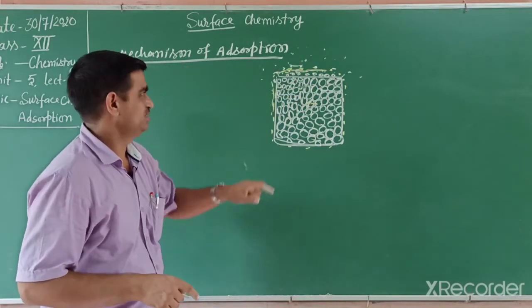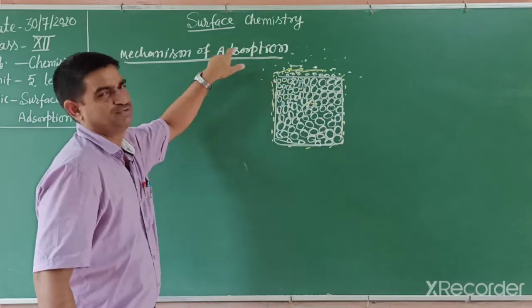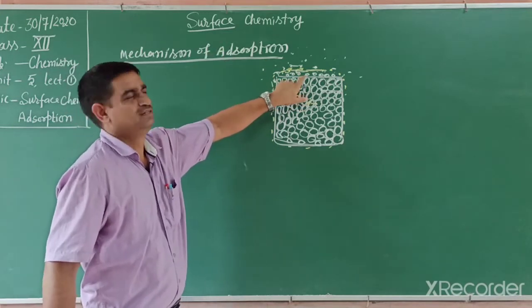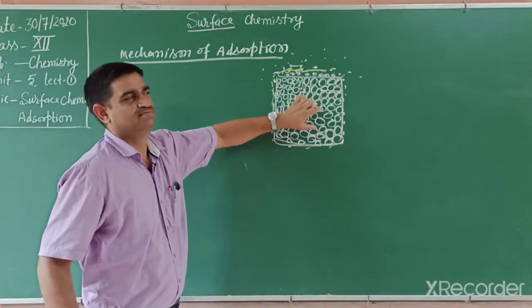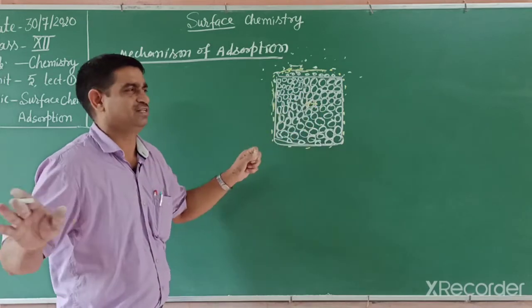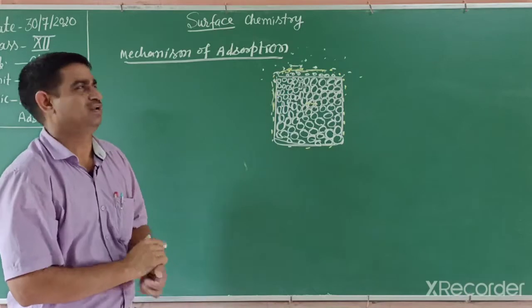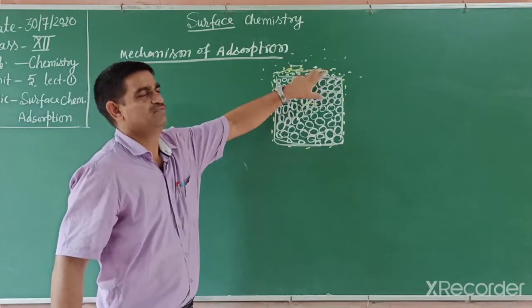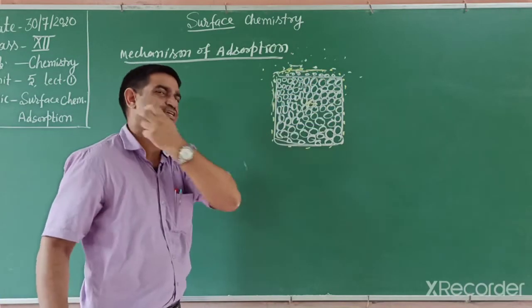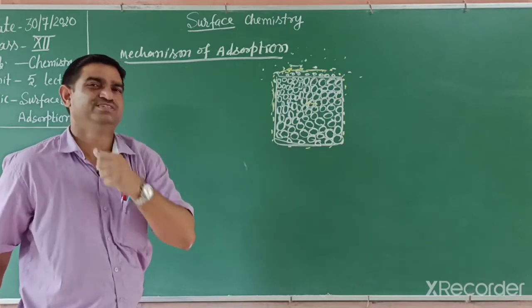So students, this is the reason why adsorption occurs on the surface only. Inside, the molecular forces are balanced and cancel each other, but on the surface the forces are not equal. So the surface attracts outside molecules and they are adsorbed on the surface. So this is one reason.